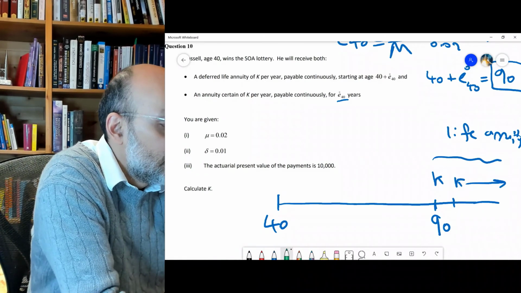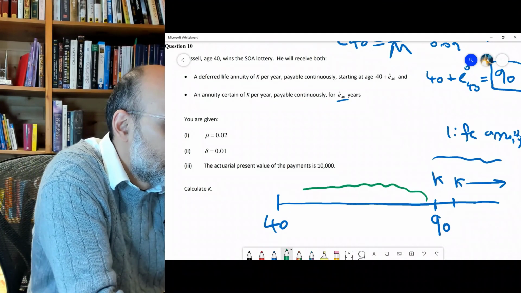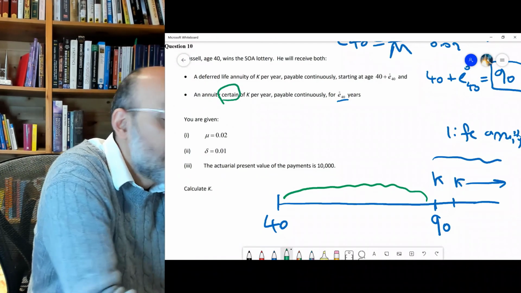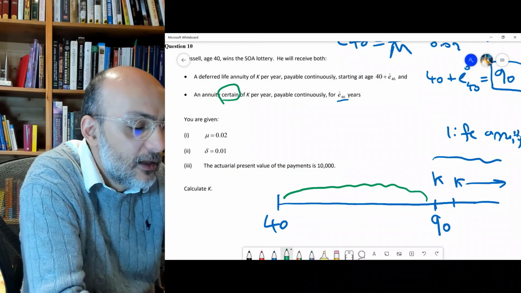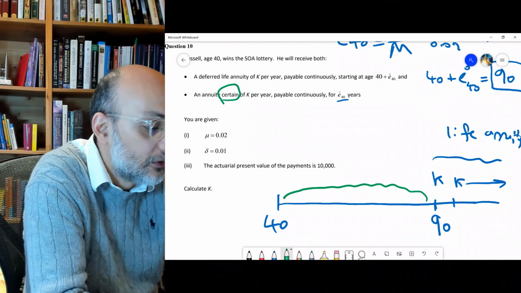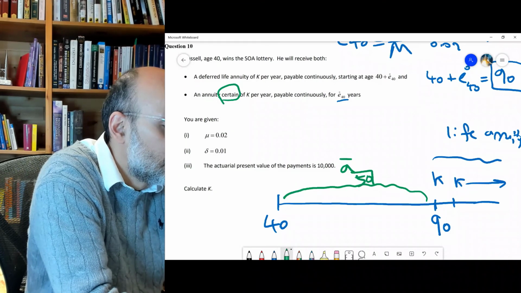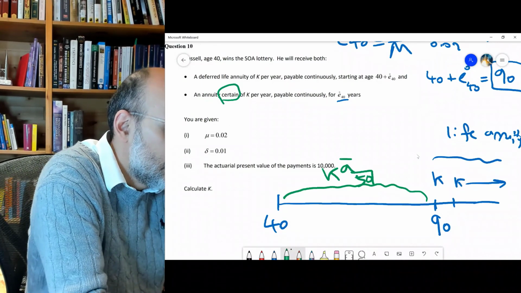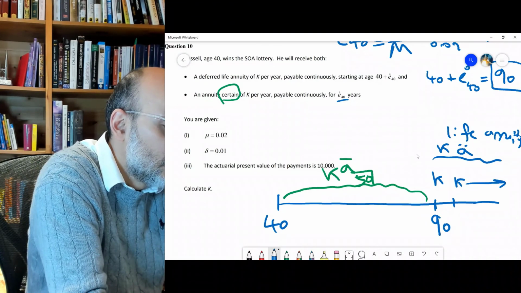But whether death happens or not, the deferred annuity plus an annuity certain, there is no probability here. Even if dying in the first year, the estate would still get 50 years' worth of annuity. Here it's the annuity for 50 years multiplied by K. Here we can think about this one as K multiplied by the annuity at age 90.